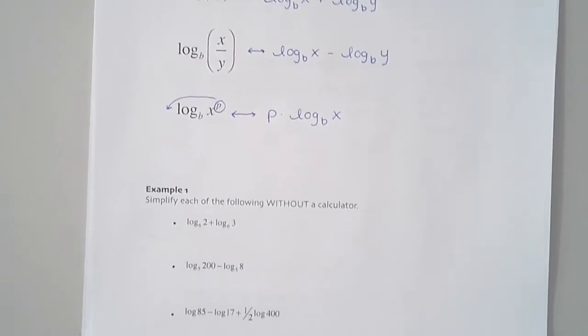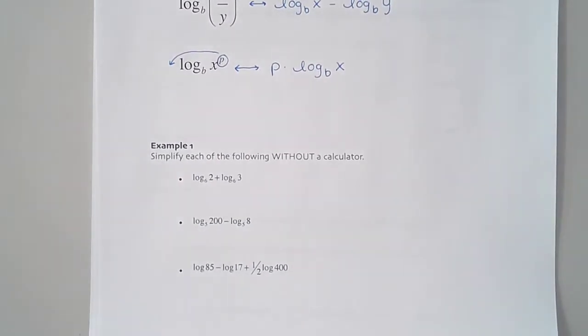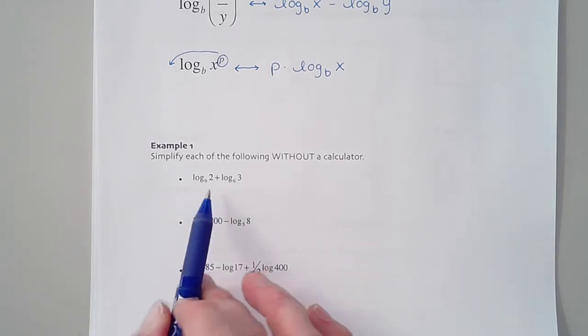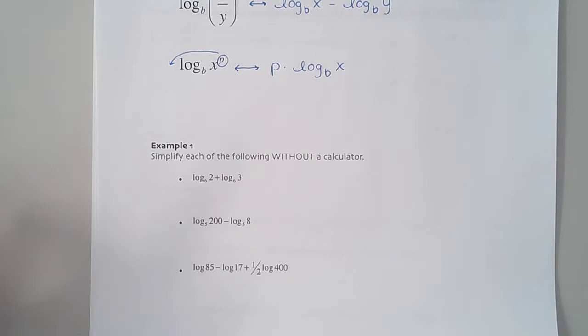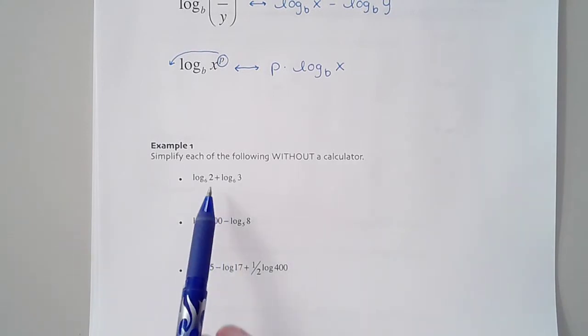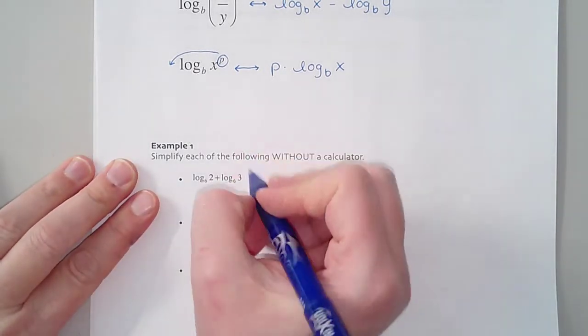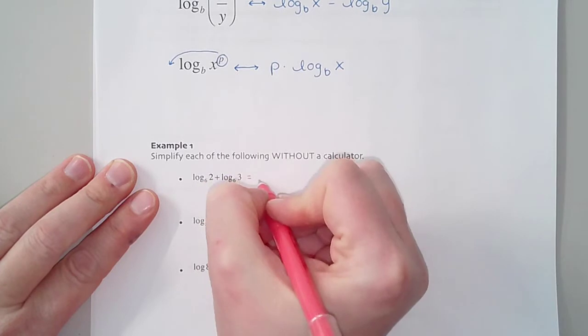Okay, some more simplify-without-a-calculator problems. This first one, log base 6 of 2. I don't have any way to figure that out without a calculator, because what I'm asking myself is, 6 to what power makes 2? I have no idea. That's going to be some crazy decimal. But the fact that I'm combining it with a log of 3 with addition means that I can put these two things together using multiplication.